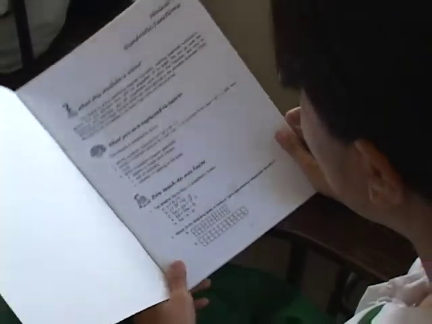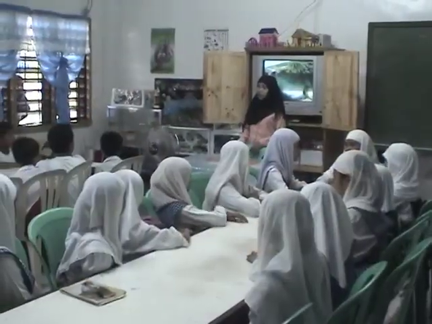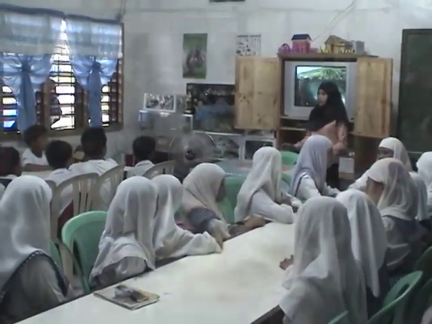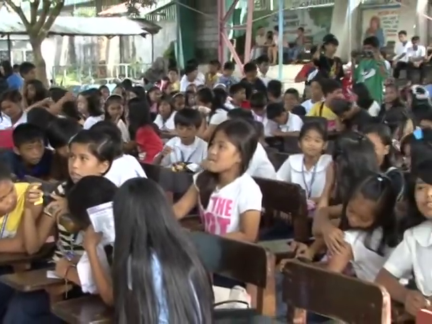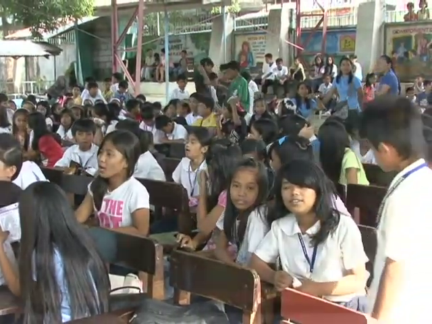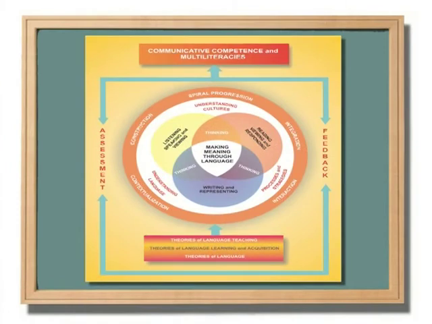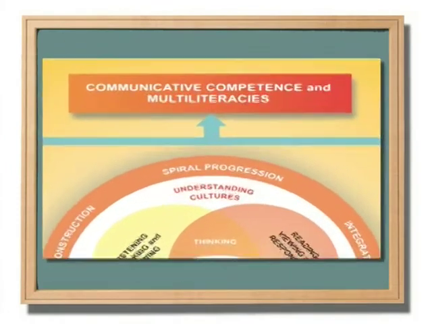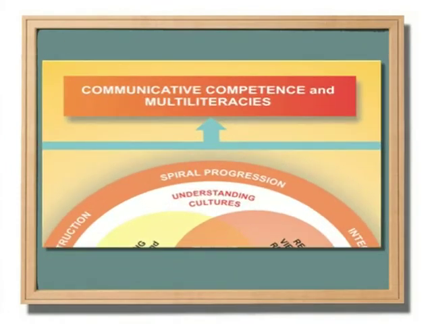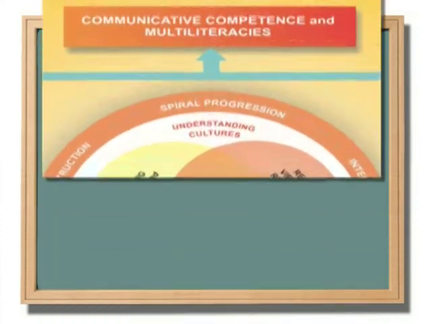The macro skills like listening, speaking, reading, writing, and viewing will be spirally done across the grade levels and across the languages. The ultimate goal is communicative competence, both oral and written, in 3 languages.